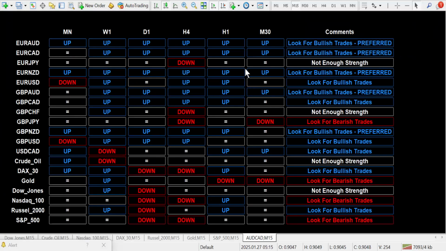Here it is here. It's running in real time. It checks out the monthly all the way down to the 30 minute time frames. And then eventually within the comments here, after some calculations, it'll say look for bullish trades, bearish trades, and as you can see today, some will be preferred. And then of course, either not enough strength.